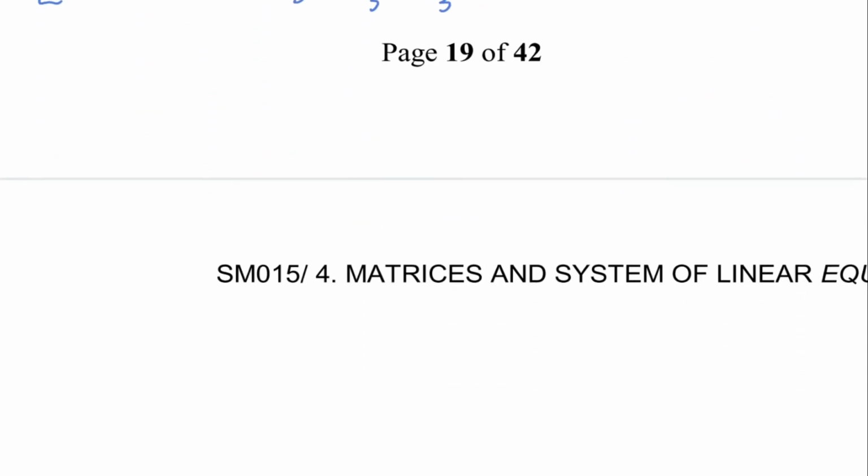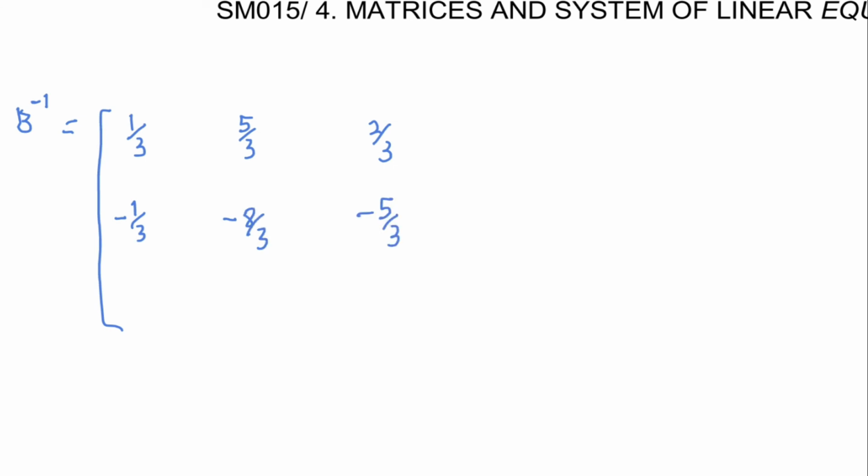As the conclusion, B inverse is equal to 1 over 3, 5 over 3, 2 over 3, negative 1 over 3, negative 8 over 3, negative 5 over 3, negative 1 over 3, negative 14 over 3, and negative 8 over 3.